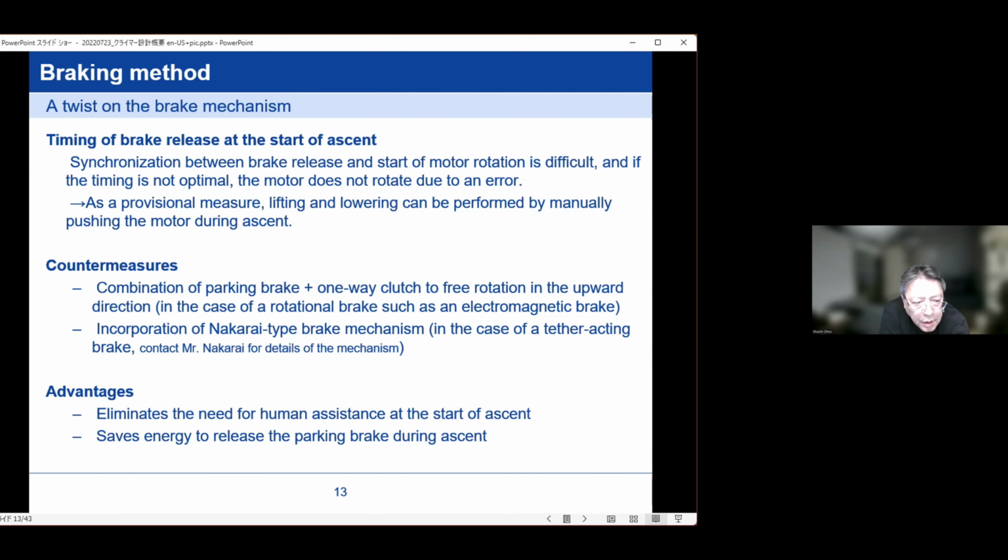In response to that, by combining the parking brake and a one-way clutch, you can create a mechanism that allows free rotation in the upward direction, and you can raise the vehicle while keeping the parking brake applied. So I think this is one solution.